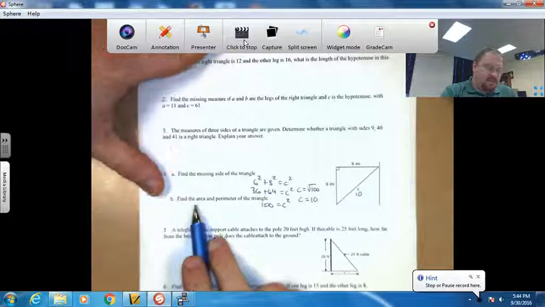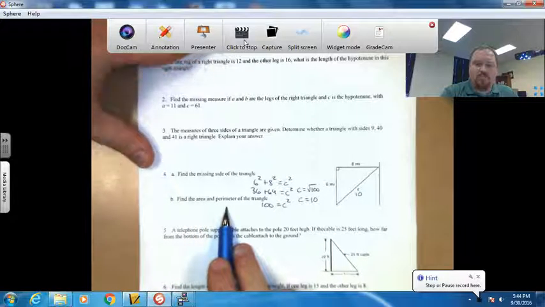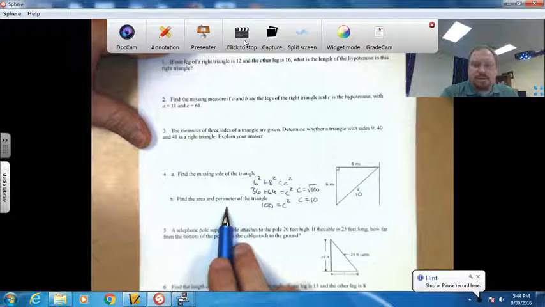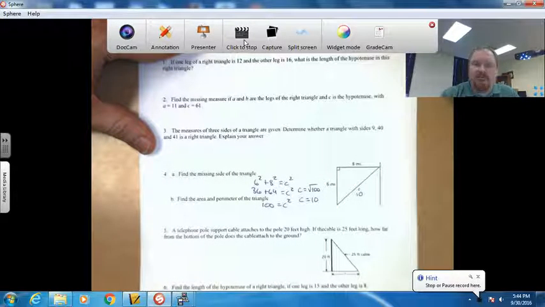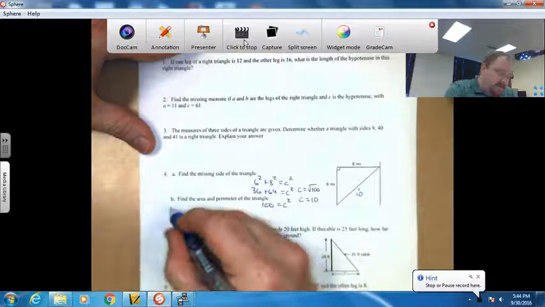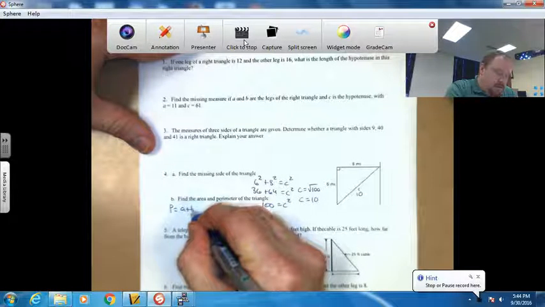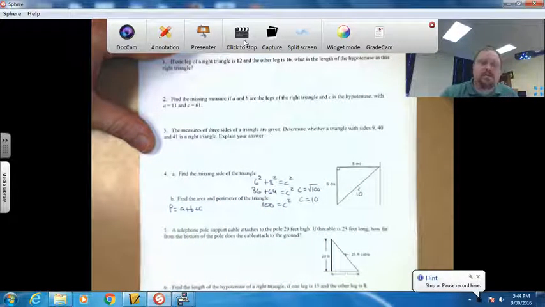Now, they want us to find the area and the perimeter of that triangle. Well, okay. Perimeter is not bad. Remember, perimeter is just all the sides added together. So perimeter is just A plus B plus C in this case.